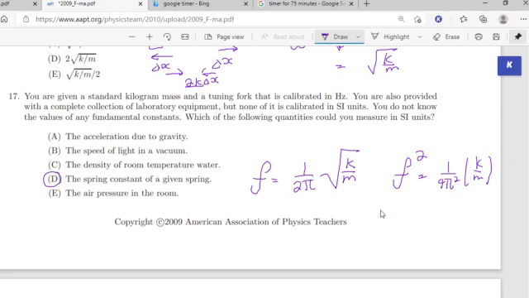So 4 pi squared f squared is equal to k, so I think it should be D.